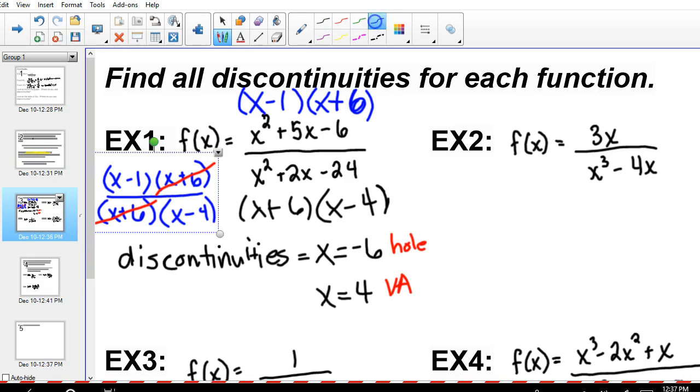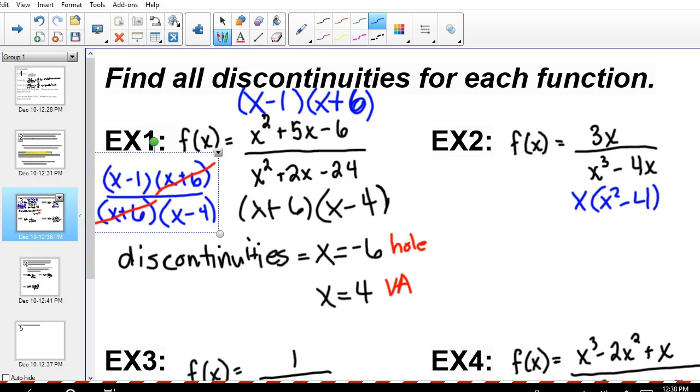Okay, so for number 2, I would want to do the same thing again. I would want to factor the denominator. Work with that denominator first. How do I factor x to the third minus 4x? There's something I can do first. Pull out an x. So I have x times x squared minus 4.